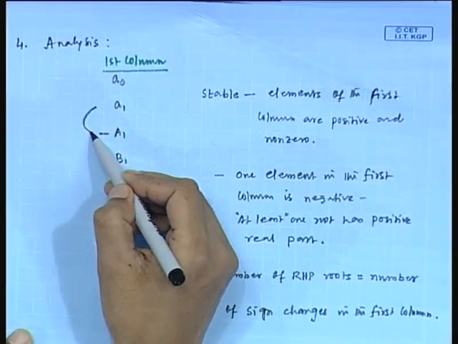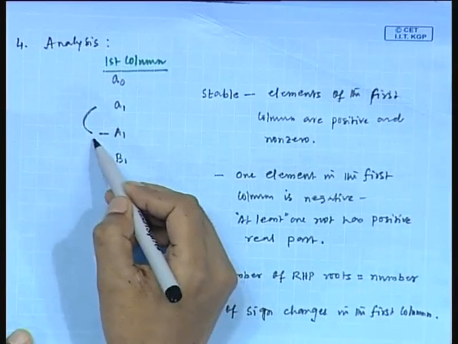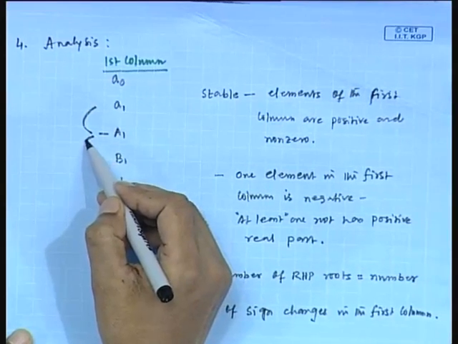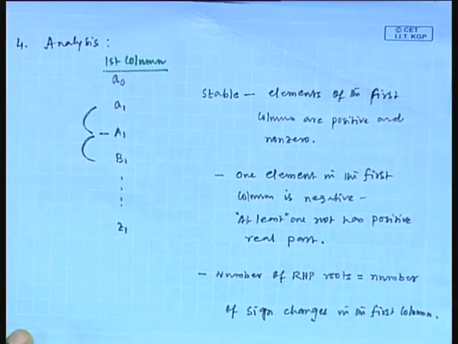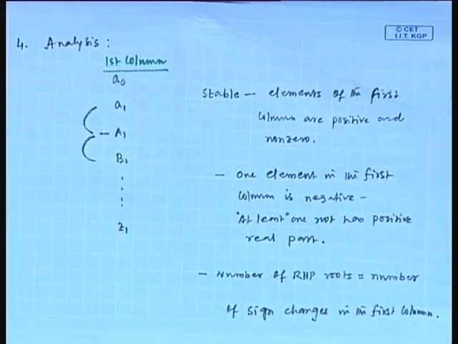So, how many sign changes are involved? 2. One sign change from second row to third row, another sign change from third row to fourth row. So, 2 sign changes are involved. That means 2 roots have positive real parts. Fine.